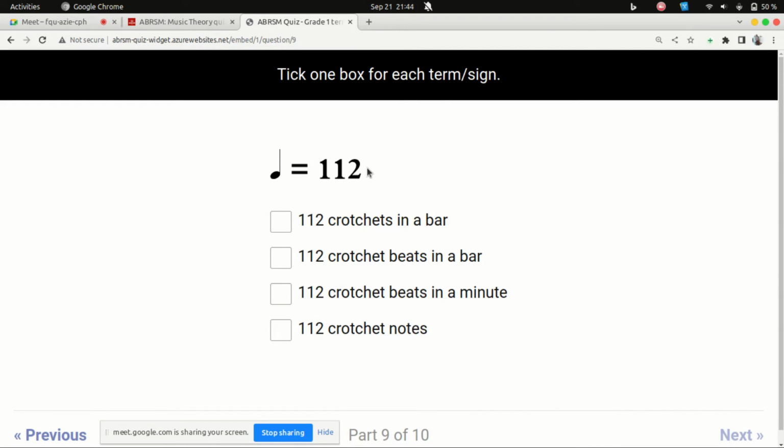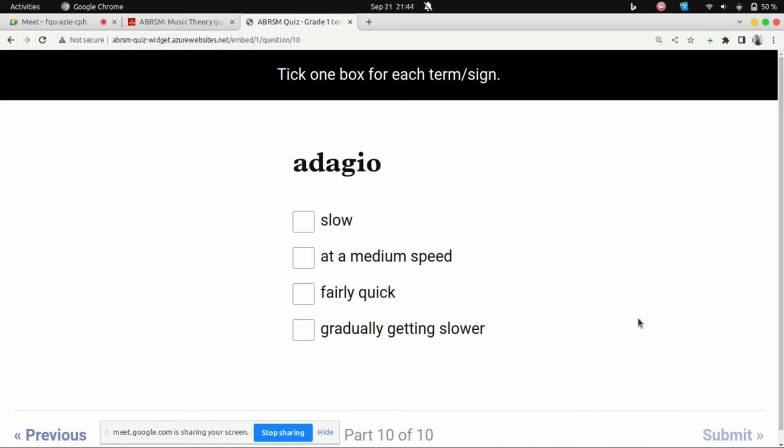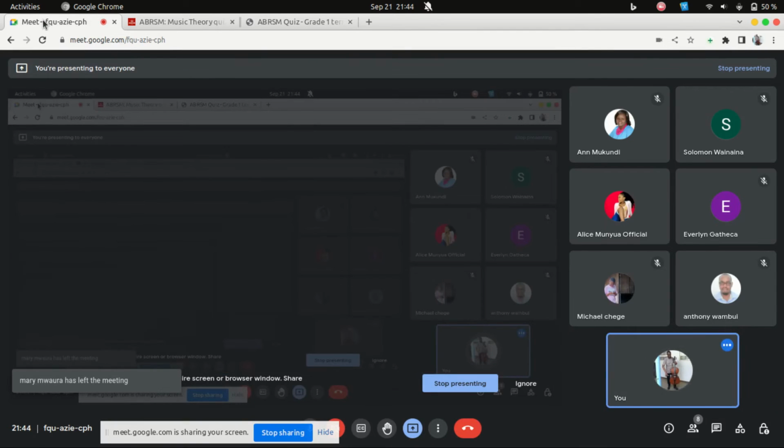Crochet equals 112. 112 crochets in a minute. Adagio. Adagio, slow. Okay. So, Michael, what do you think she's getting?